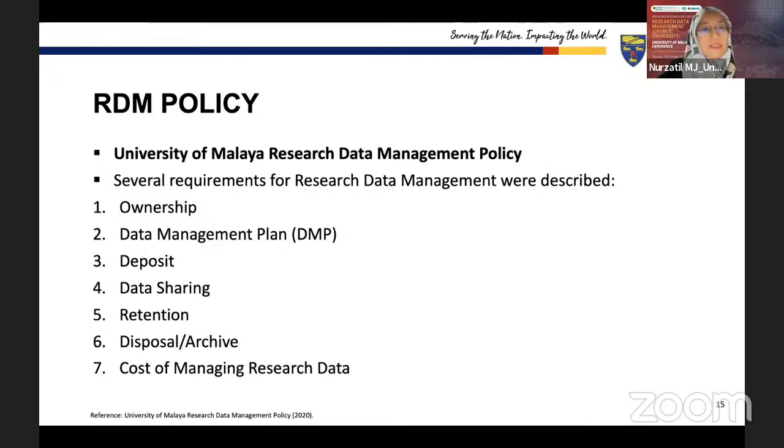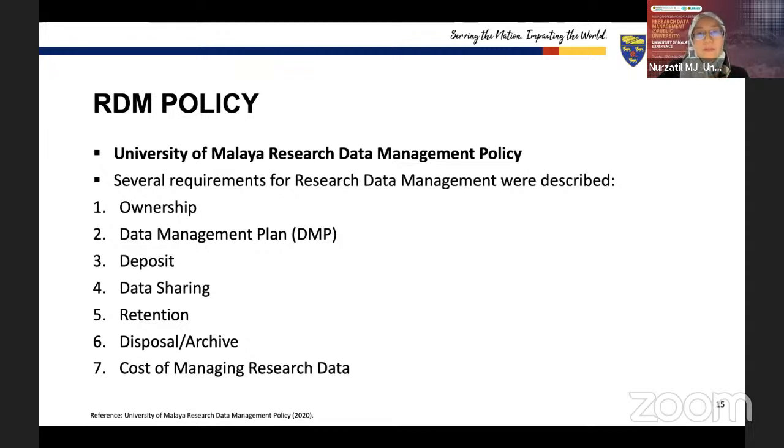Okay. So in terms of policy, UM has put up the research data management policy. I think it was approved back in March 2020. So in this policy, what are the requirements that we talk about?